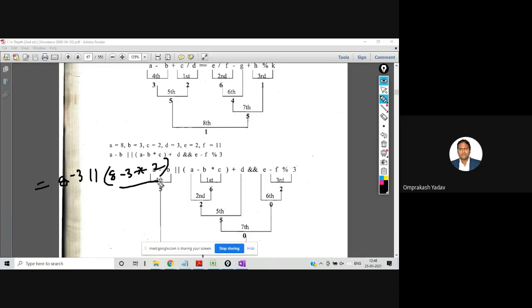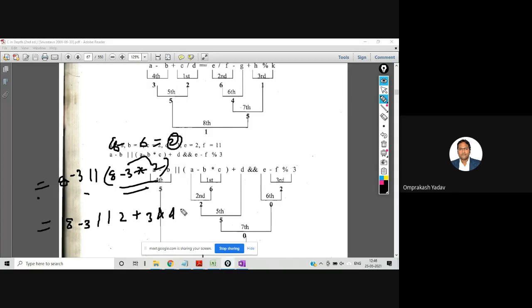So we have to solve this bracket first. This is a multiplication, so 3 into 2 is 6, and 8 minus 6 gives output 2. Now 8 minus 3, then 2, and after that we have this D. D's value is 3.